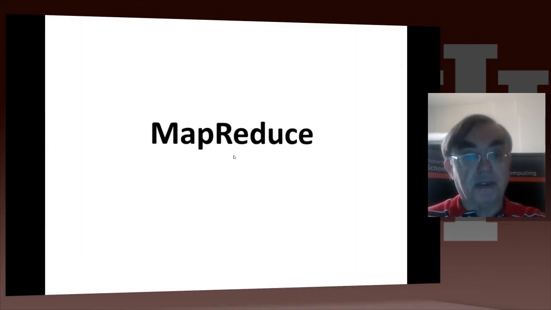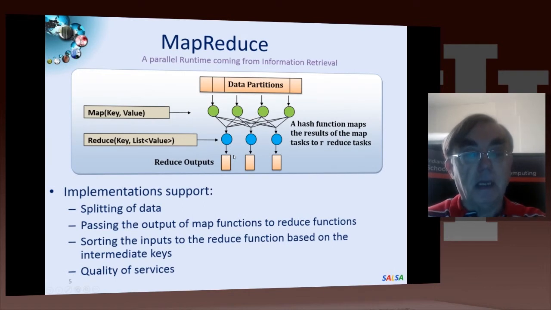All right, MapReduce. MapReduce was invented by Jeffrey Dean and has been really a remarkable success. It was originally developed for the commercial applications of clouds, in particular information retrieval, but it's getting used in recommender systems and the other types of applications we've done.